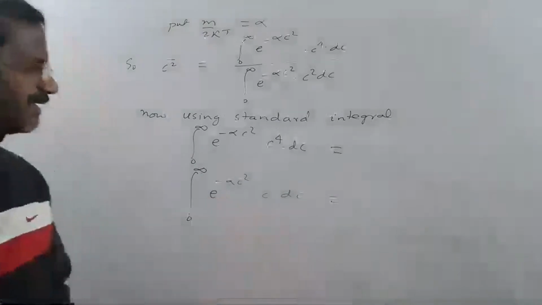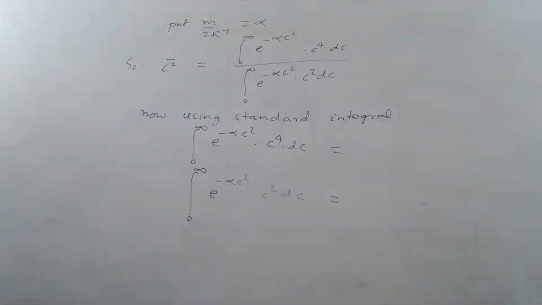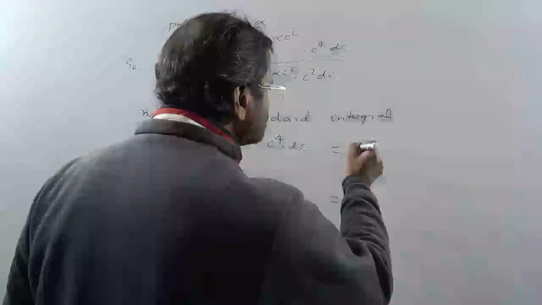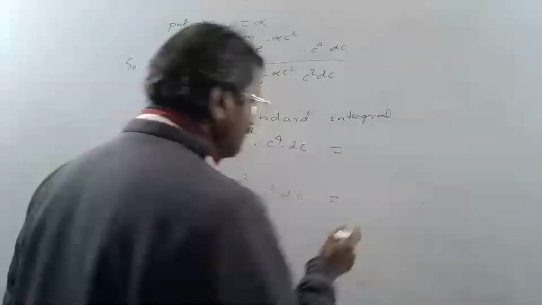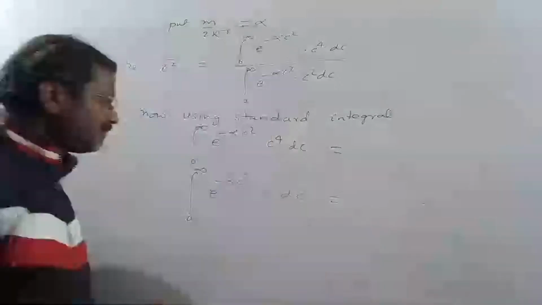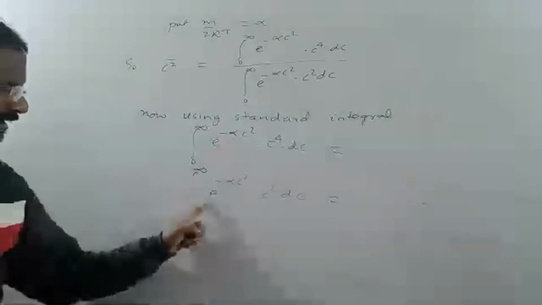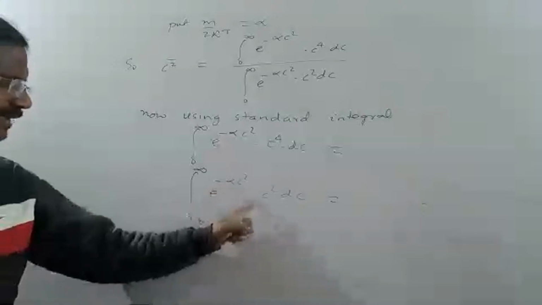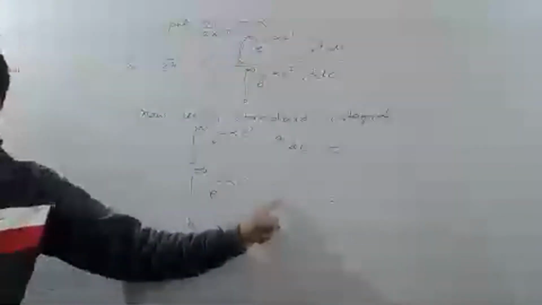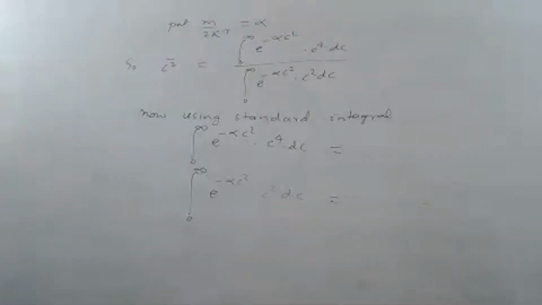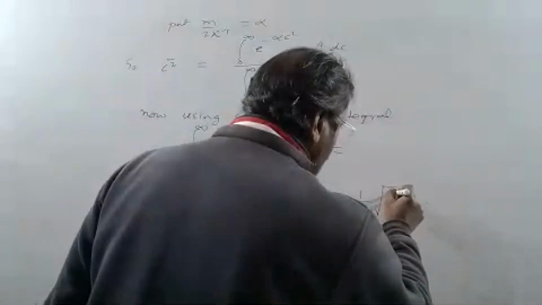Here this standard integral, from 0 to infinity e to the power minus alpha c square c square dc, has the value 1 by 4 root under pi by alpha to the power cube.